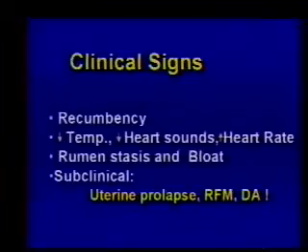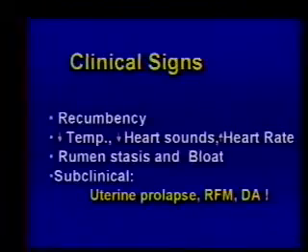Now, with the subclinical form of milk fever, these are cows whose calcium concentration is below 8, but yet the concentration is not low enough to predispose the cow to paresis or to make the cow recumbent.